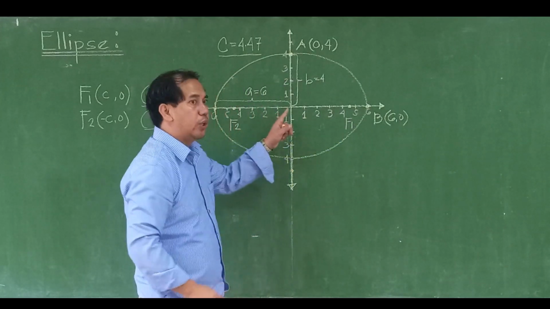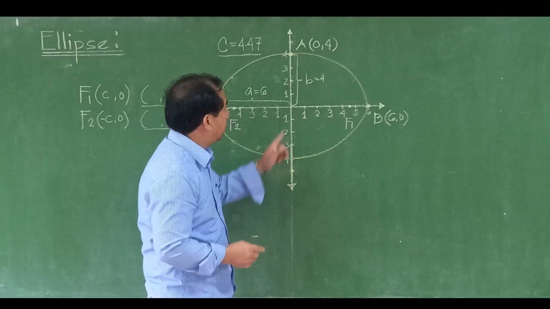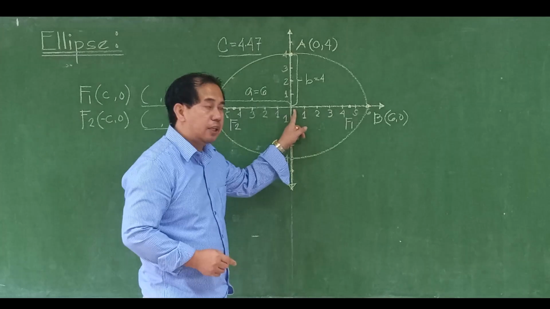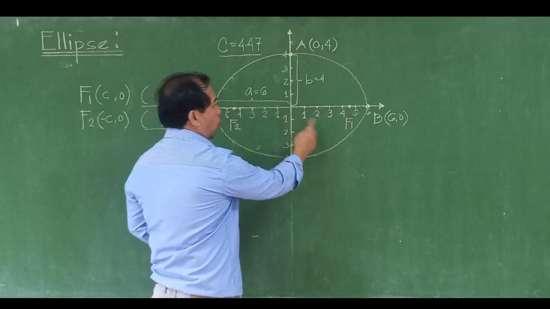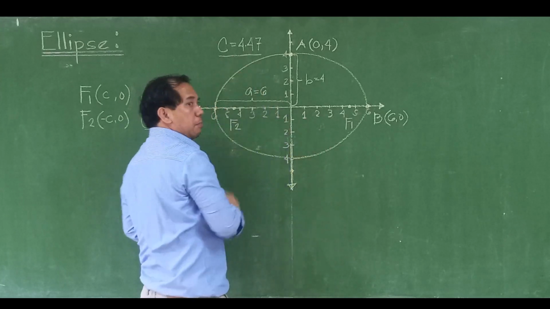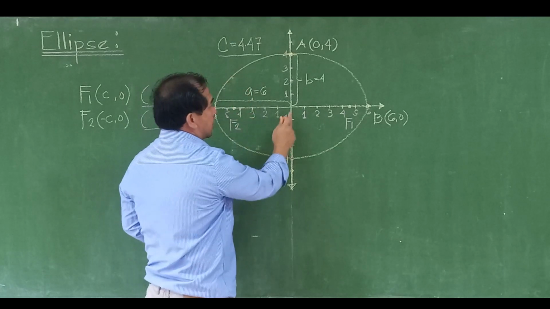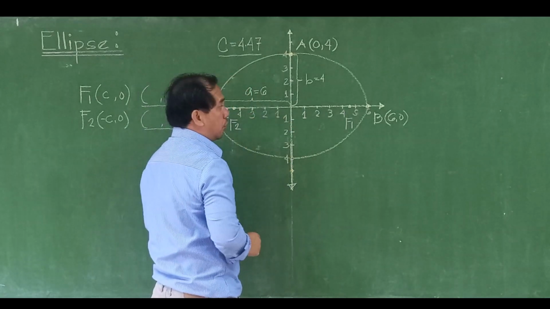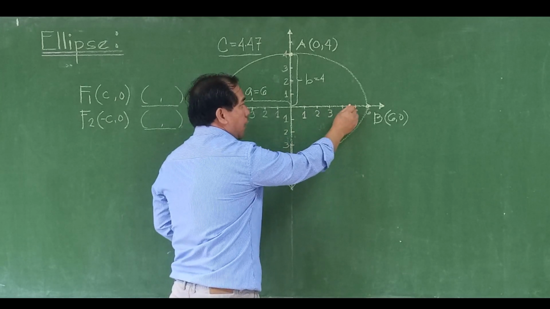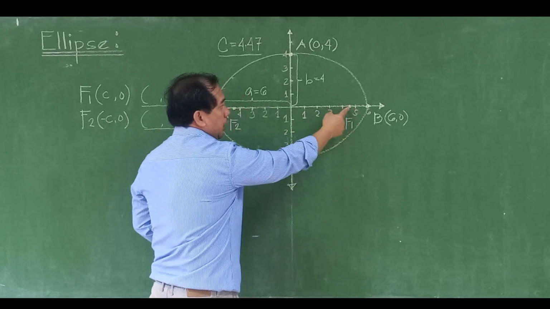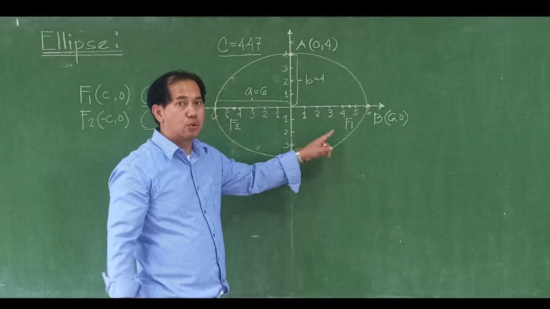Most probably, we have said that the C is a measure from the center of the ellipse going to the expected focus. So most probably our focus 1 is defined by the value of C that we have. Now what is our C? C is 4.47. That is almost 4.5. So most probably the location of our focus is in here. So maybe call that one our focus 1.